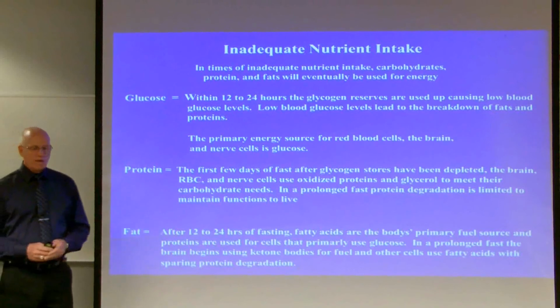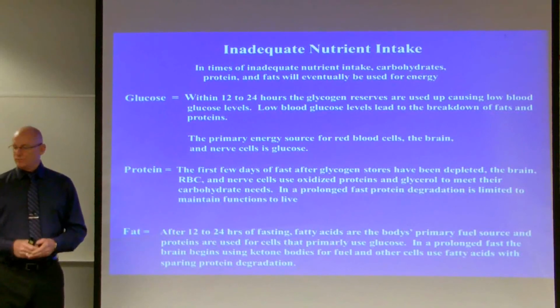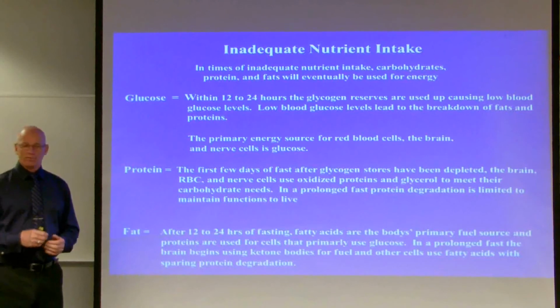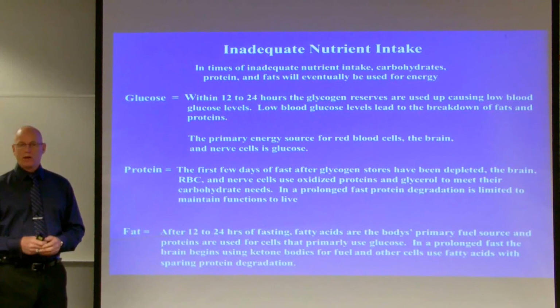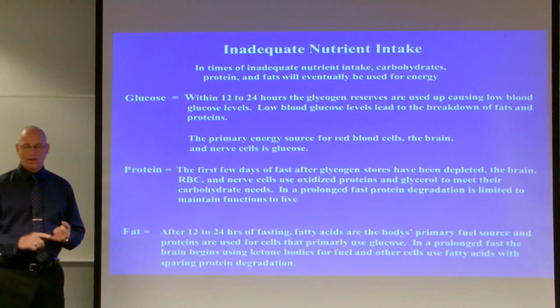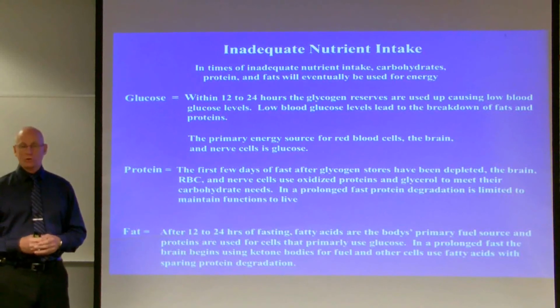Now, after a few days, like I said, the proteins will start making glucose through gluconeogenesis, because the brain, red blood cells, and the nerve cells need that glucose. They prefer glucose.